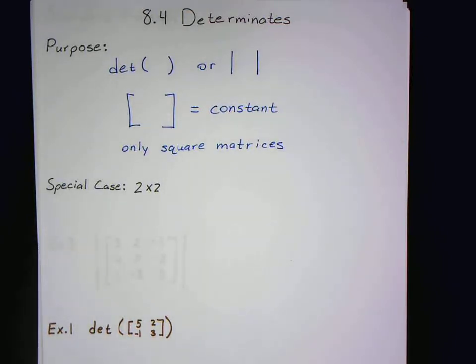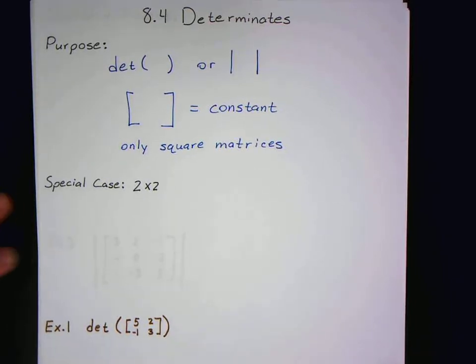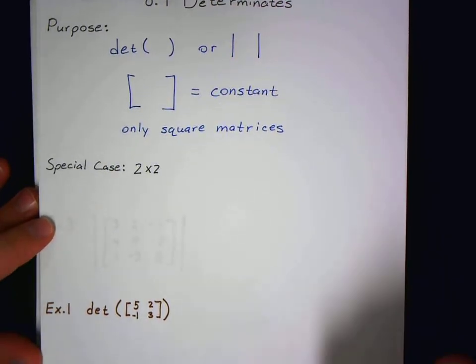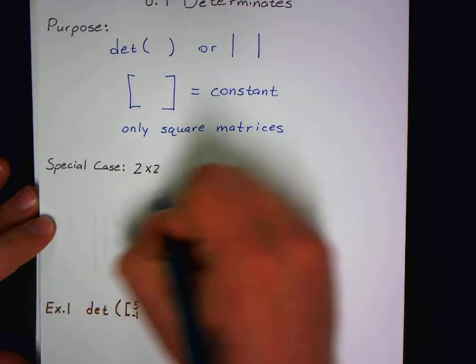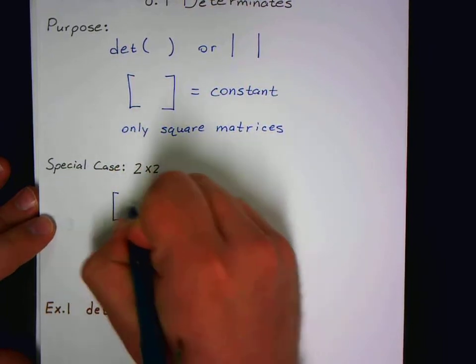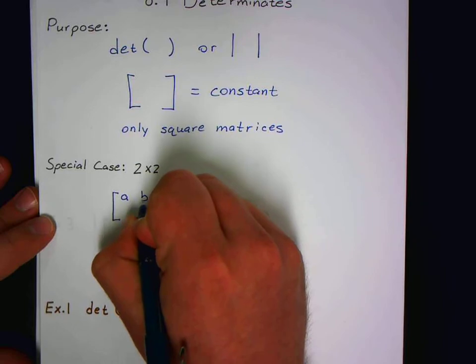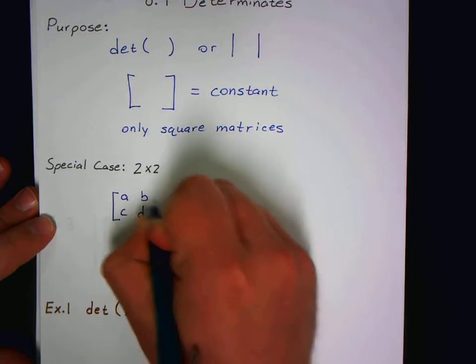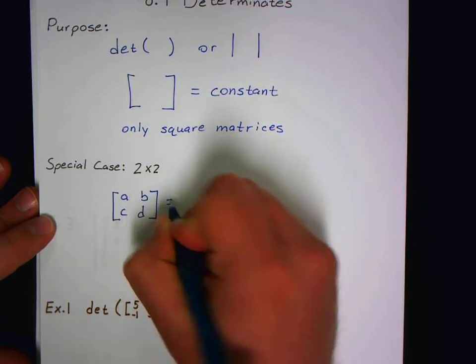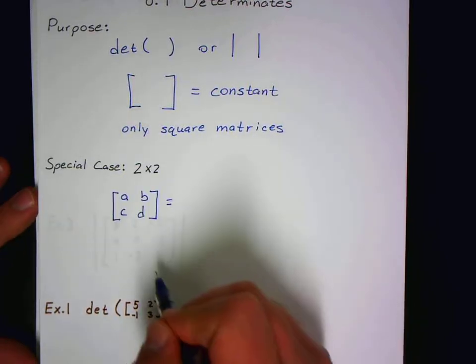Okay, a 2 by 2 is kind of a special case. We could go through the big long rule, but for a 2 by 2 there's just a quick simple rule. What you do is you cross multiply and subtract.